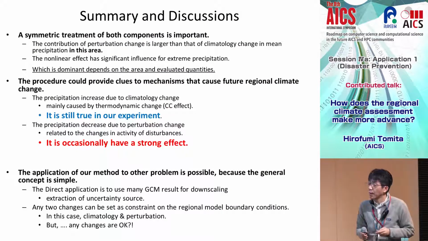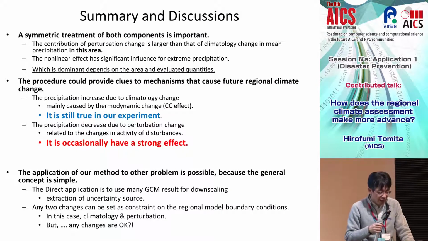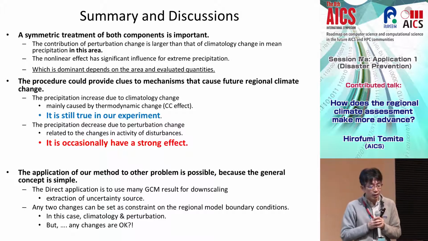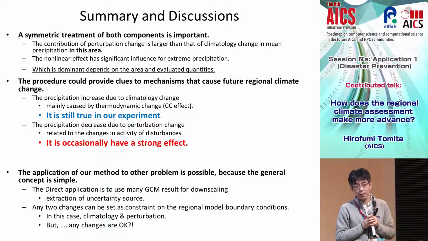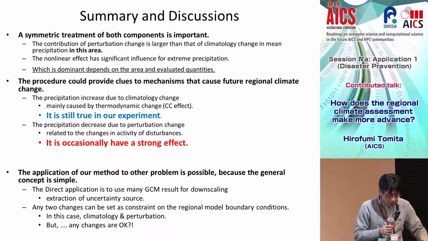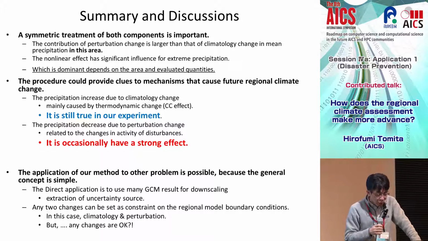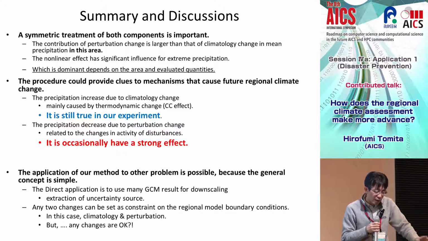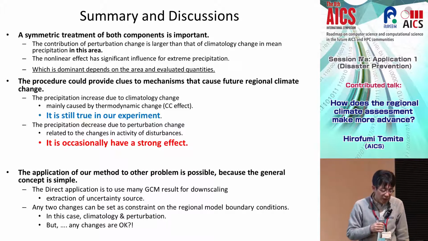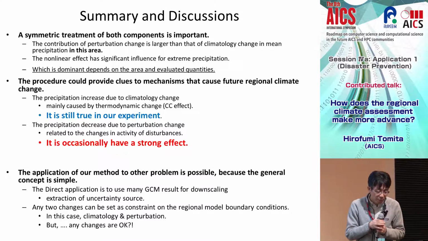Okay, this is the summary and discussion. Symmetric treatment of both components, climatology and perturbation, is very, very important. The contribution of perturbation change is larger than that of climate change in mean precipitation in this case. Okay. And the nonlinear effect has a significant influence on extreme precipitation.